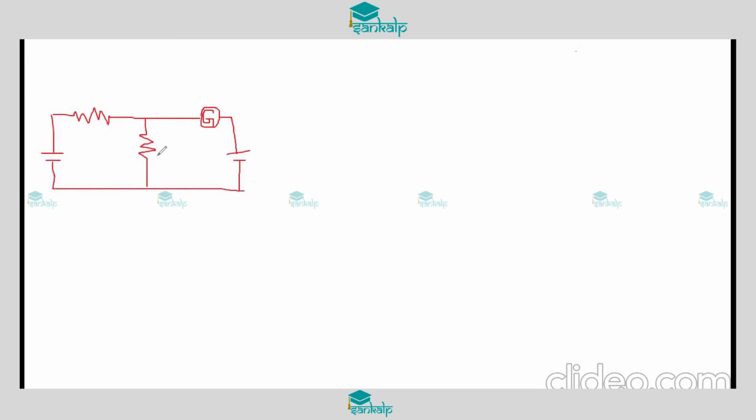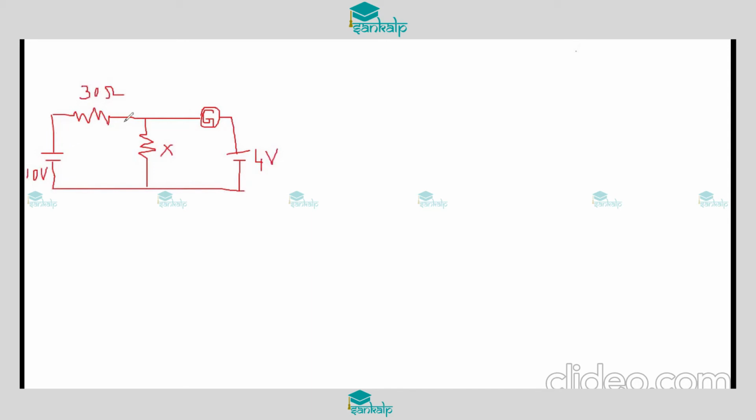Okay, so this is the circuit. Here it is 10 volt, here it will be 30 ohms, sorry, 30 ohms. Here it is 4 volt, here it is 10 volt. Okay, fine.